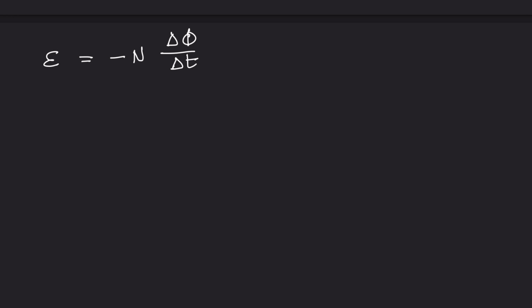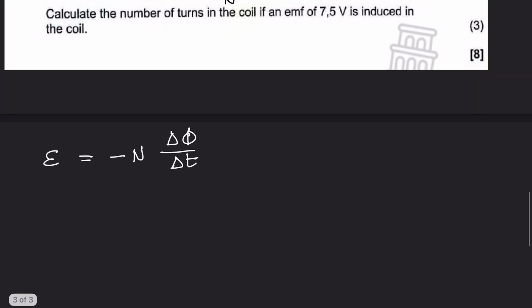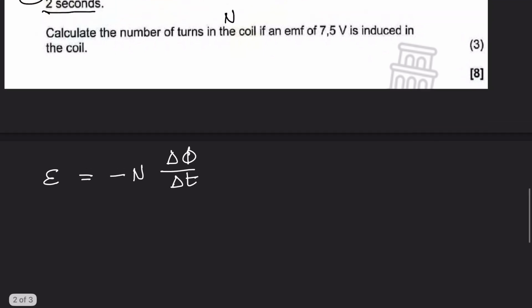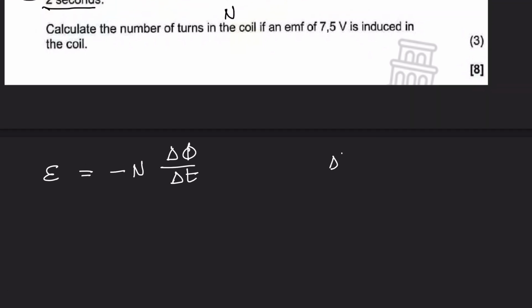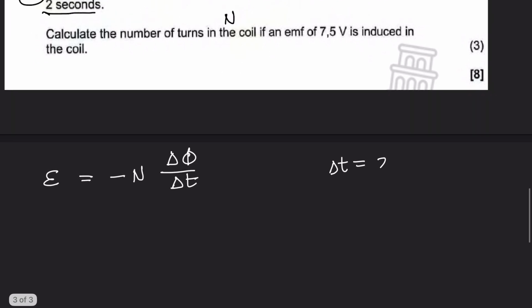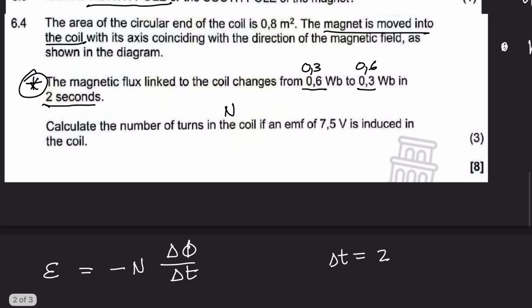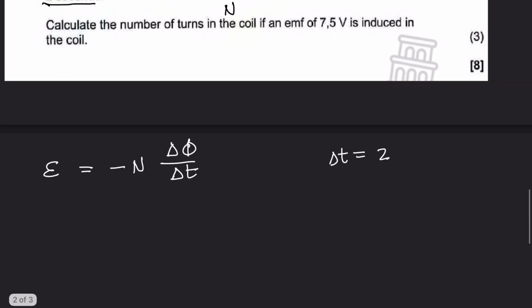Now let's go through the different quantities that we know. Okay, so we know that delta T, they tell us, is 2 seconds. Then we can work out the delta phi.